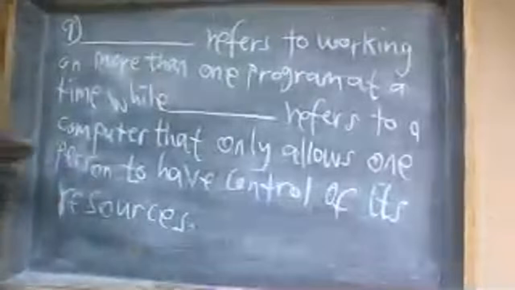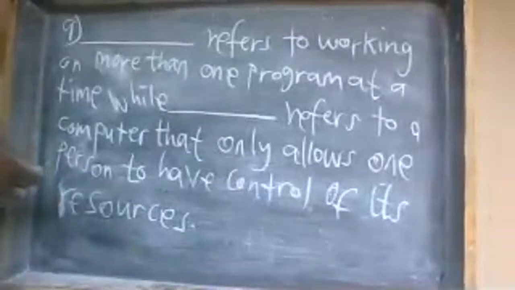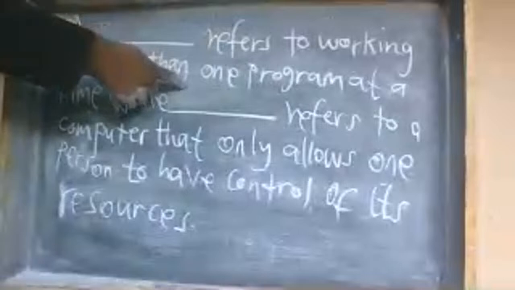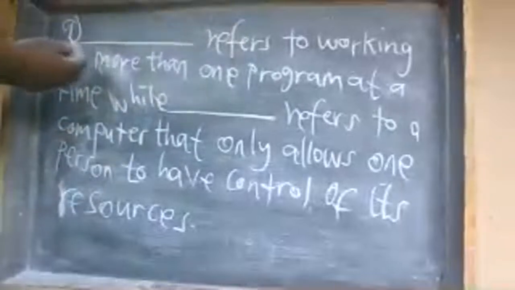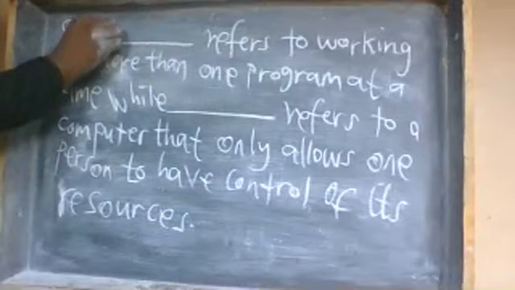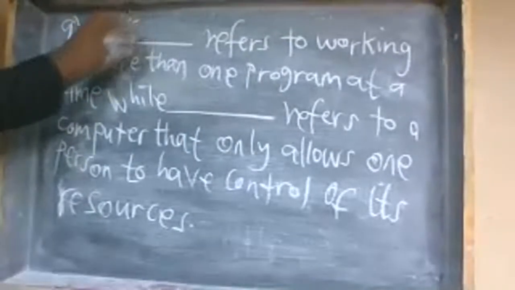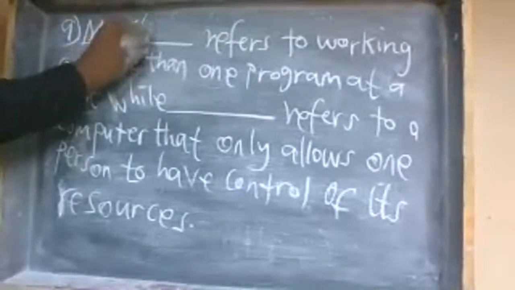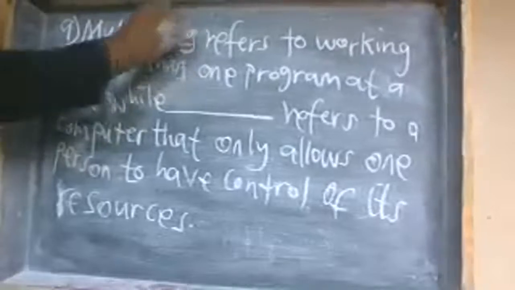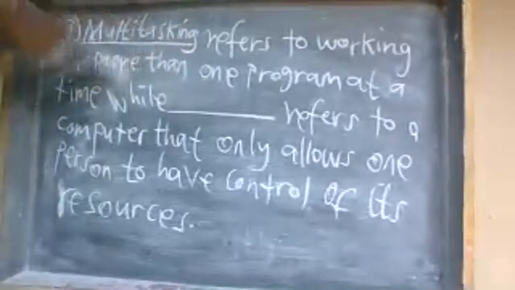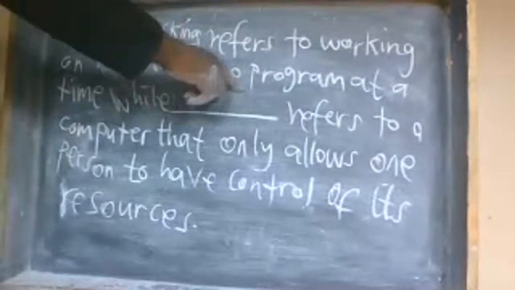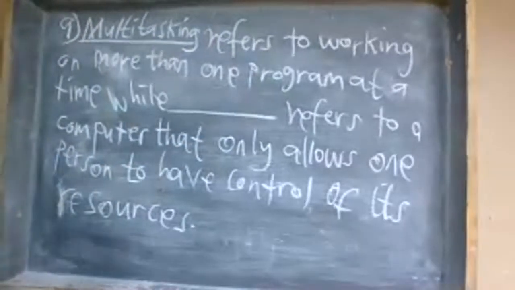So here we are going to say dash refers to working on more than one program, that is multitasking. So multitasking refers to working on more than one program at a time.